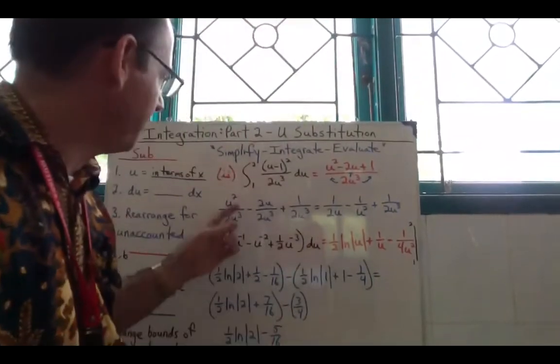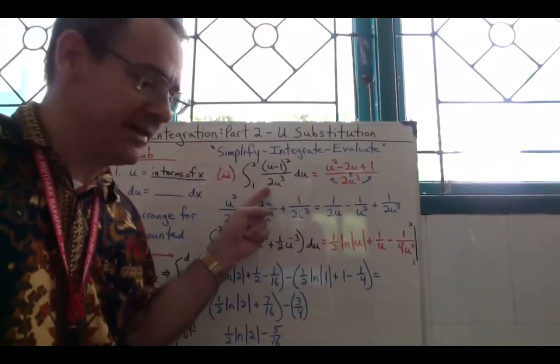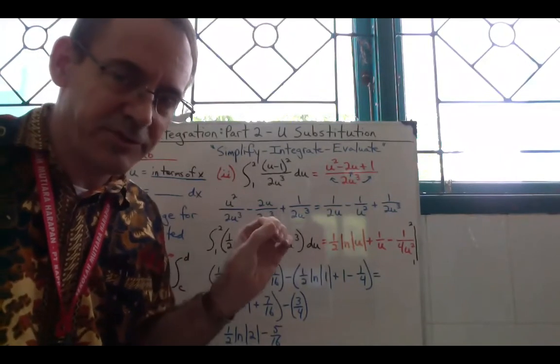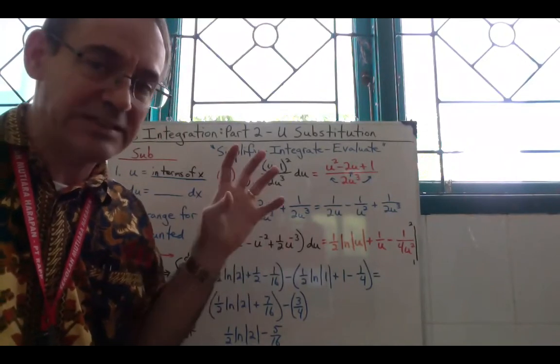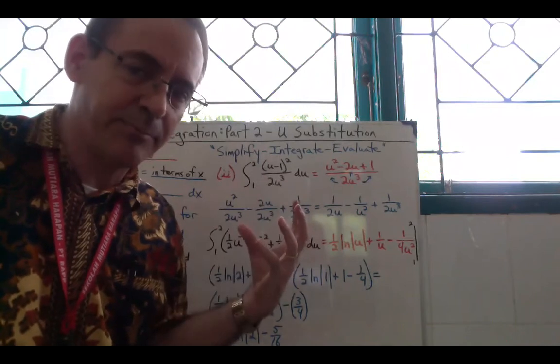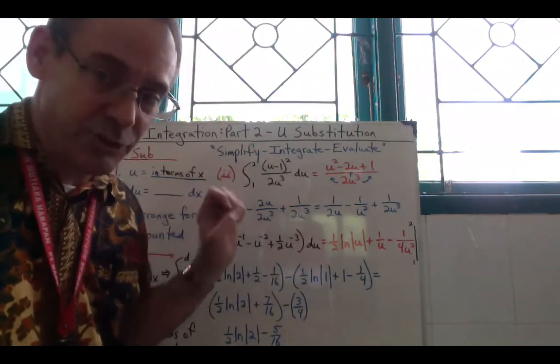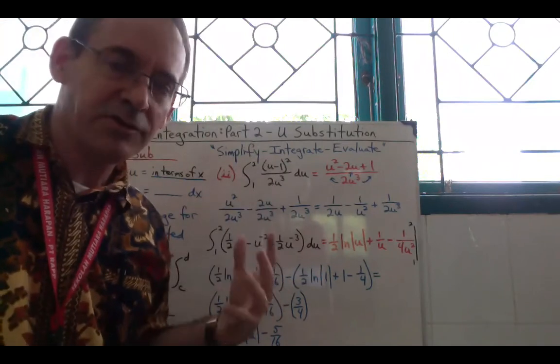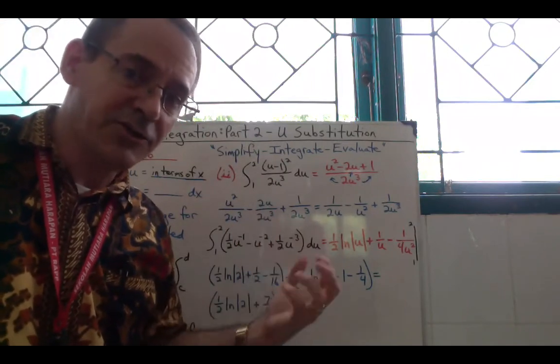So when we come back, we end up with this. This is where we ended up after the u substitution. Remember, the u substitution is supposed to simplify something complicated by doing these substitutions and changing it into something a little simpler.